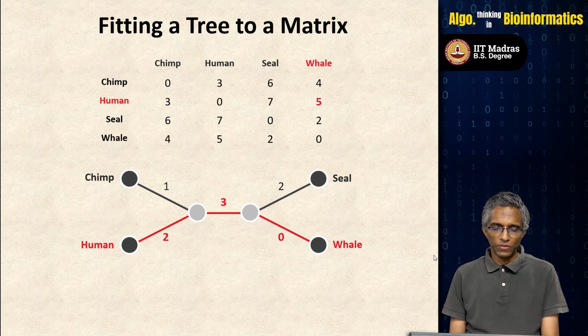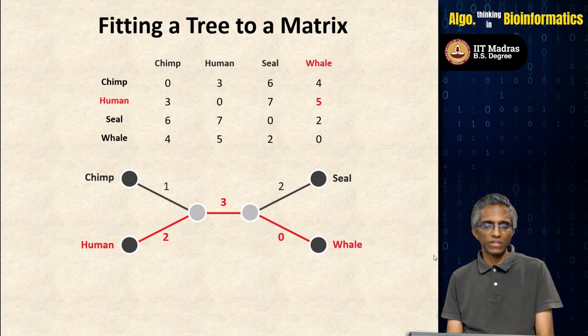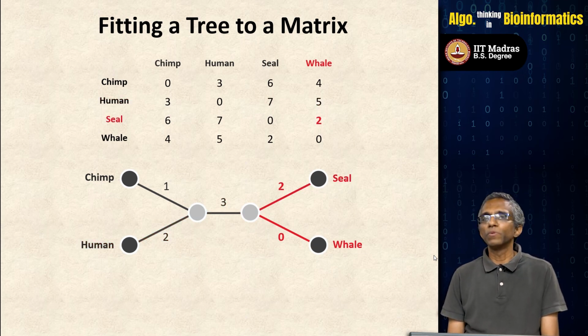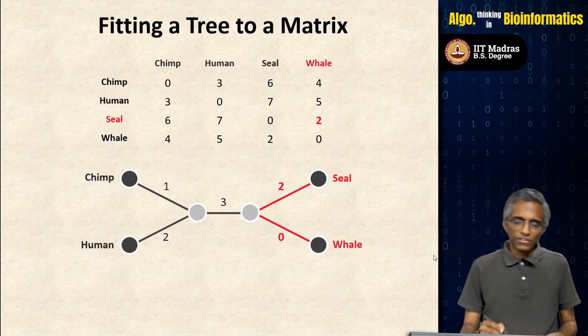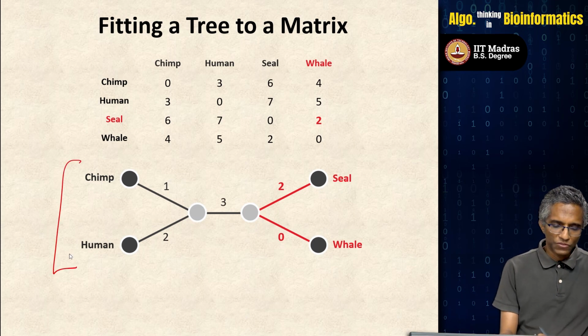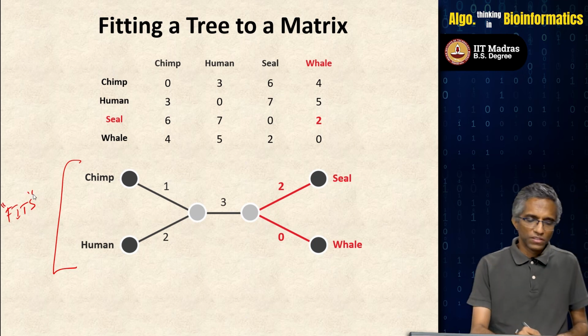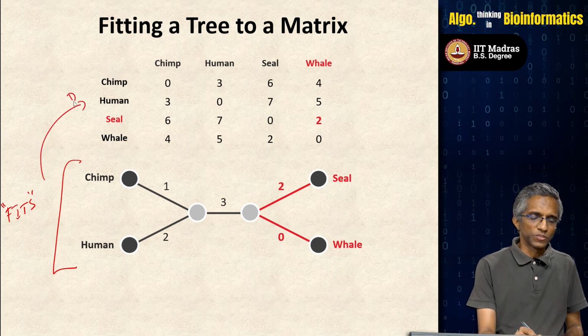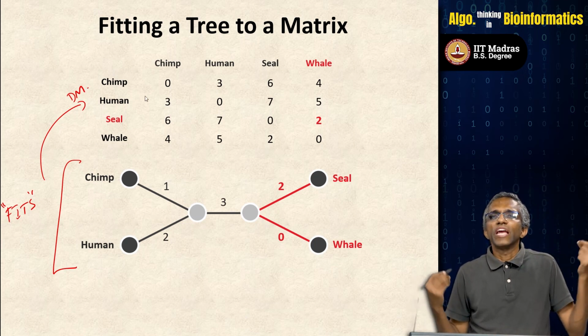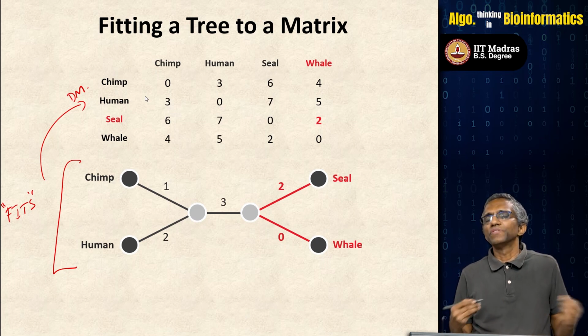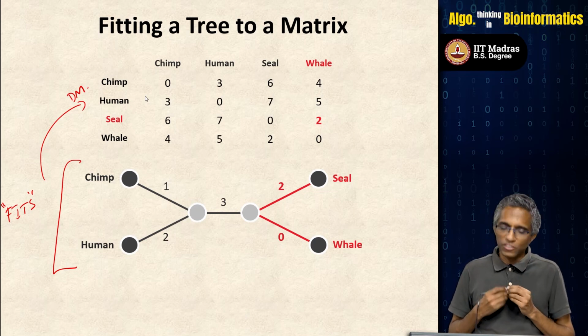Human to whale is 2 plus 3 plus 0, 5, that is also matching. Finally seal to whale is 2 plus 0, which is also matching. Okay. So this is a tree which fits this distance matrix. A tree that fits this distance matrix, because the distance between every pair of species or leaves in this tree is exactly matching the distance that is provided as input to us in this distance matrix.